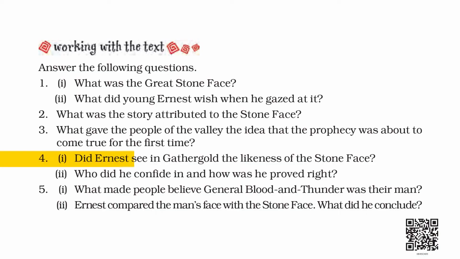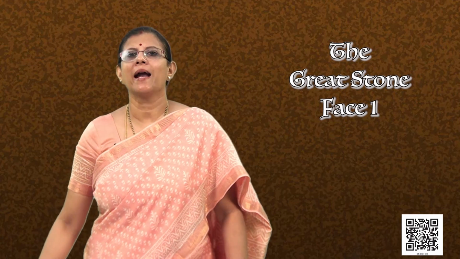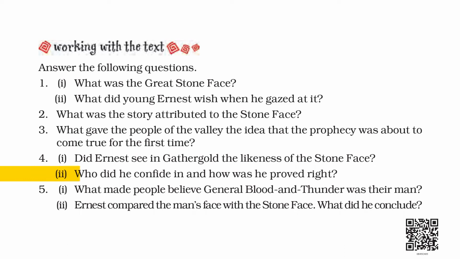Okay, next question. Question 4, part 1. Did Ernest see in Gathergold the likeness of the stone face? Yeah, we all know that Ernest did not see any similarity between Gathergold and the stone face. Question 4, part 2. Who did he confide in and how was he proved right?